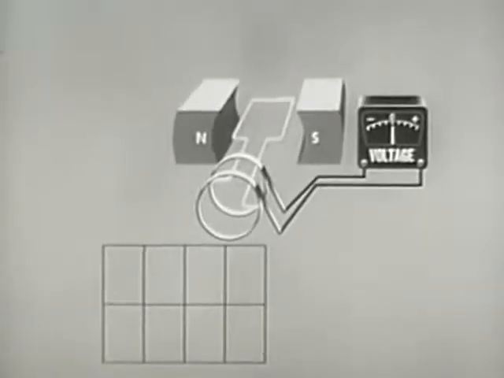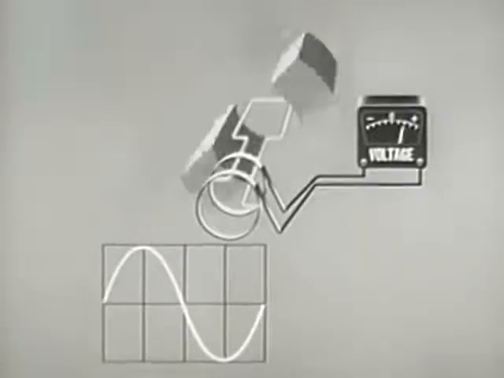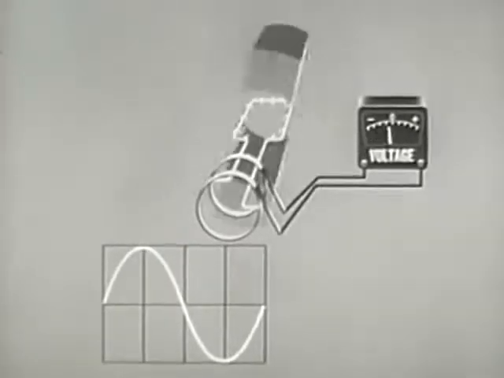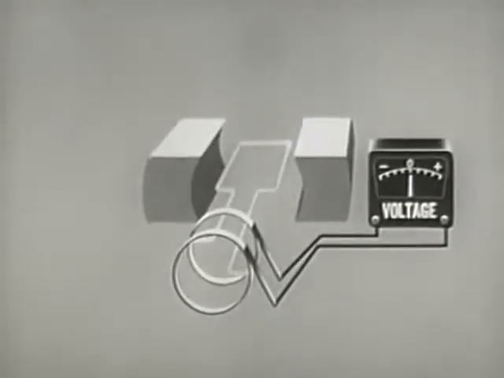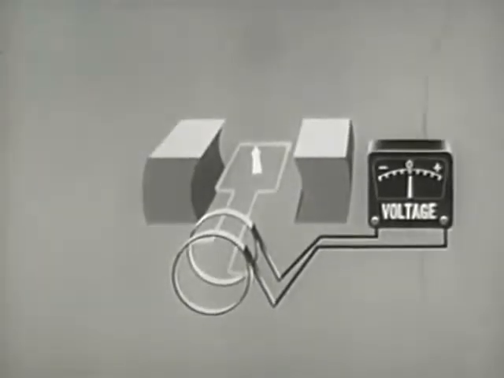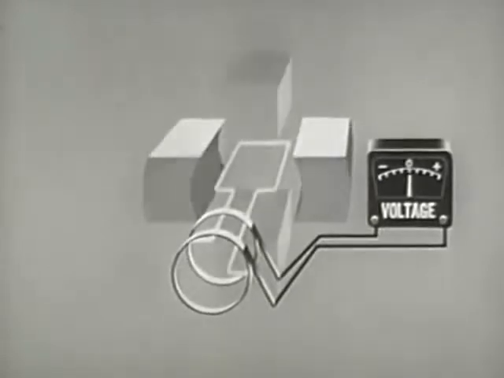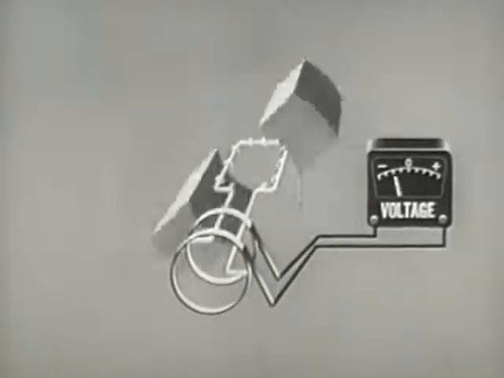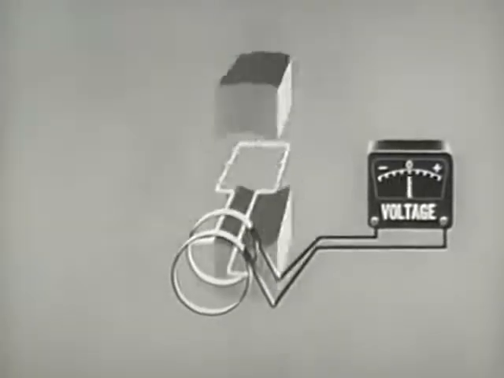The same effect can be accomplished by holding the conductor stationary and rotating the field instead. Lines of force are still being cut, and so an EMF is generated. Either the conductor or the field must remain stationary or move at a slower rate. That is to say, relative motion must always exist between the armature and the field in order to generate an EMF in the armature.